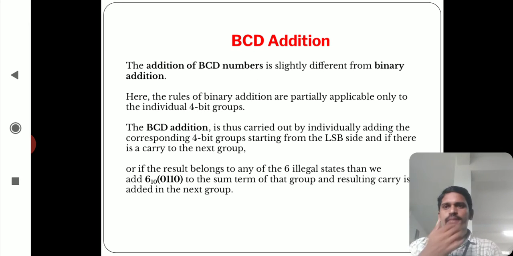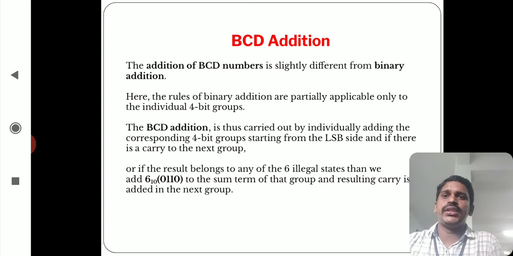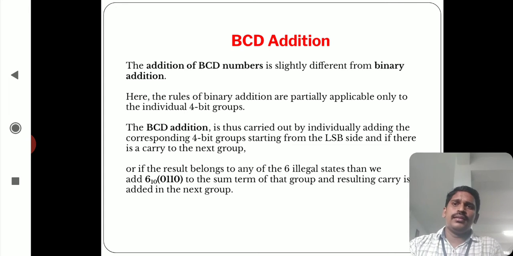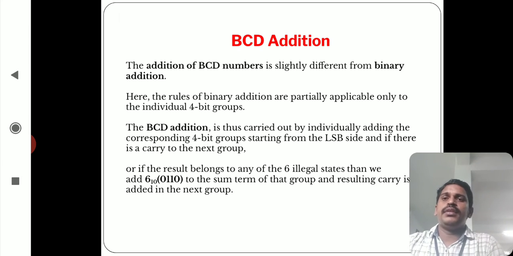Now I will explain BCD addition. The addition of BCD is slightly different from binary addition. Here the rules of binary addition are partially applicable only to each individual 4-bit group.